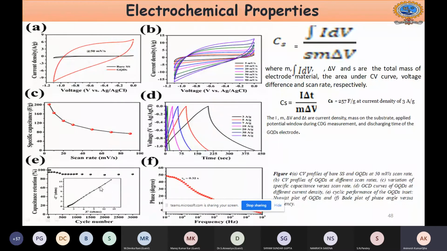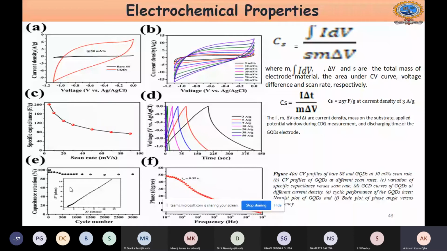This measurement has two parts, as you might know: a semicircle at high frequency, and then a slanting line towards the low frequency region. The semicircle is used to calculate how much resistance this electrode offers.